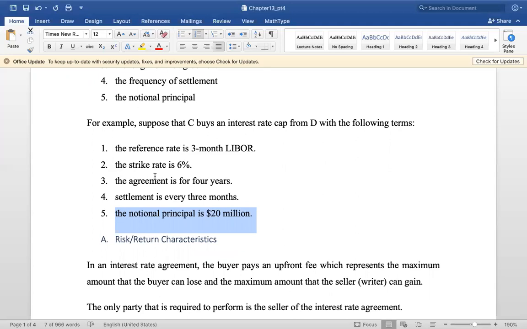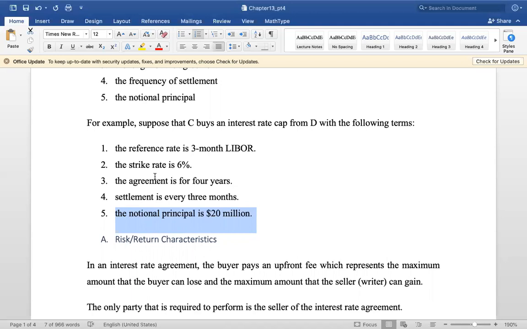We divide by 4 because it's quarterly. So for example, if the 3-month rate is 8%, the difference is 2%, 8% minus 6%. 2% of 20 million will be 400,000, and divided by 4, you will get 100,000, right? So party D will pay party C 100,000.